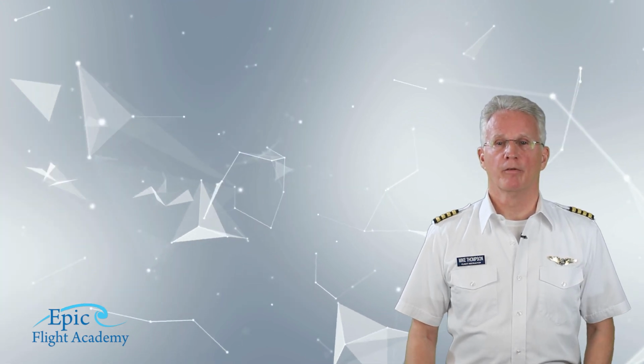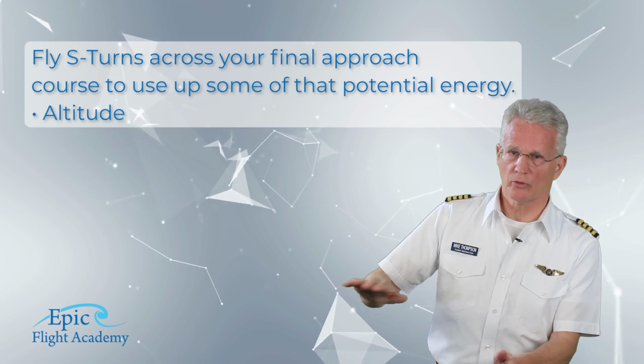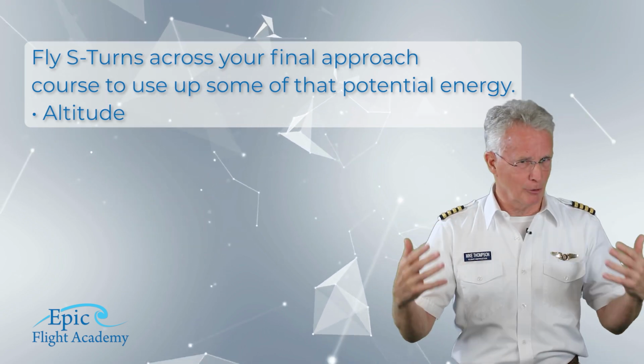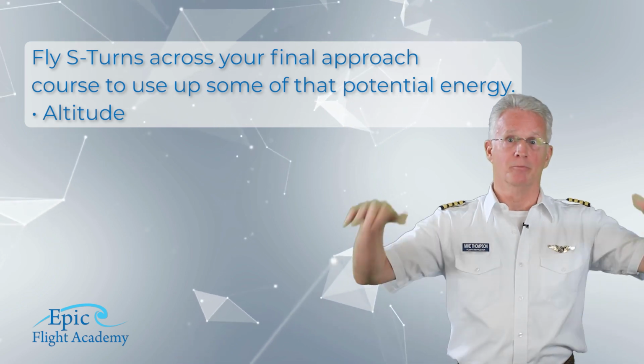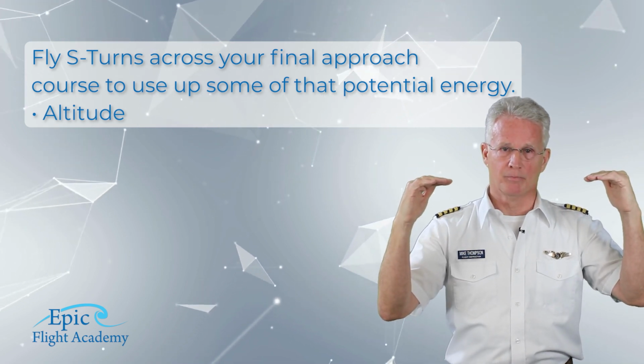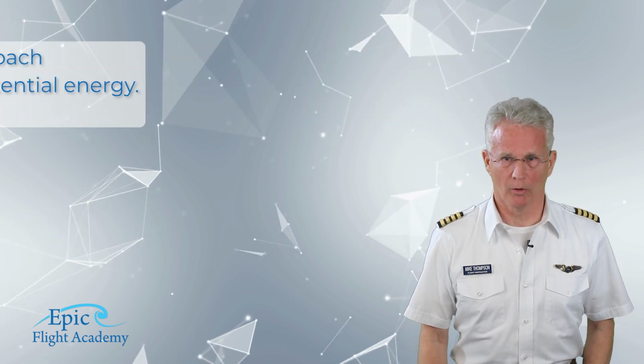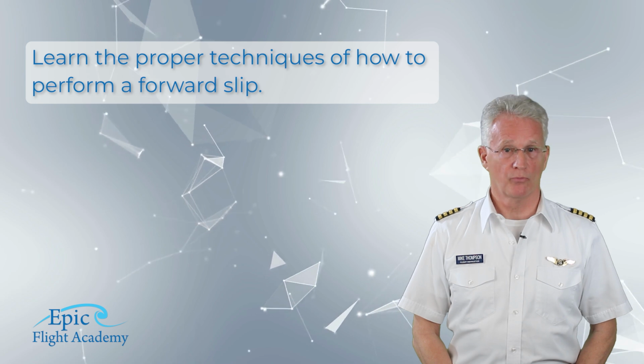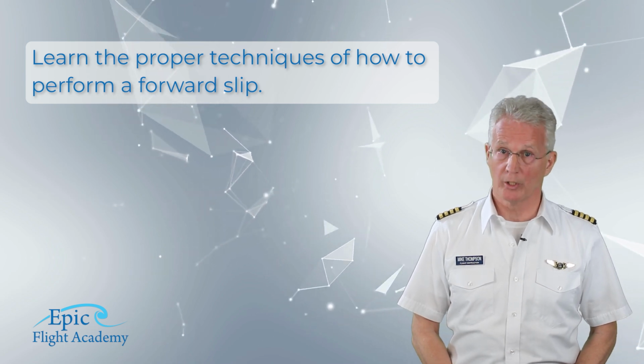Number three, fly S-turns across your final approach course to use up some of that potential energy, otherwise known as altitude. And number four, learn the proper techniques of how to perform a forward slip.